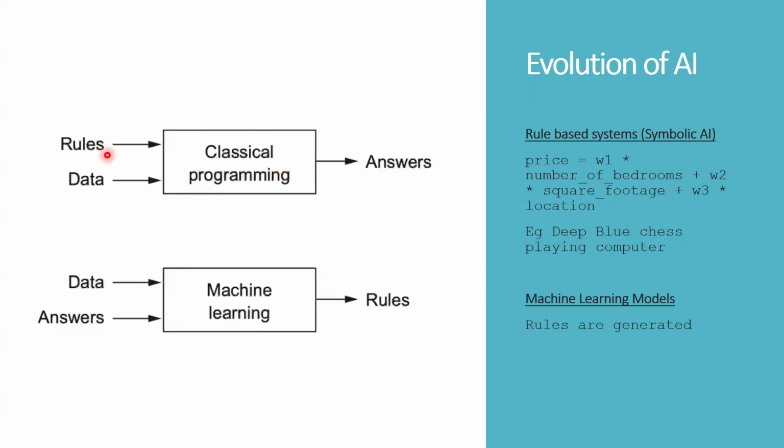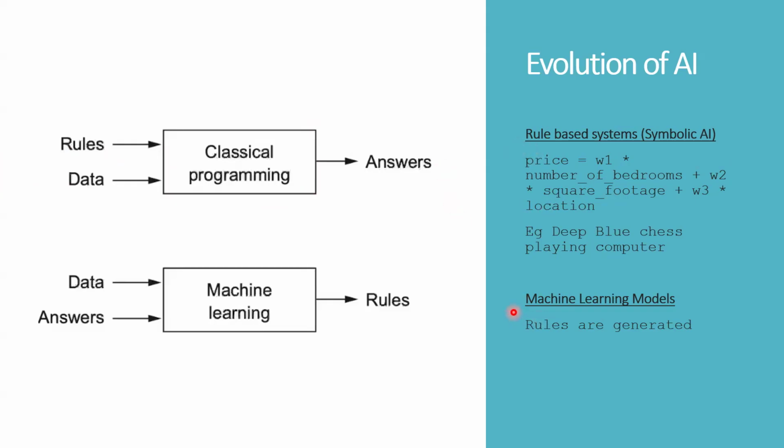If there is a method which takes input parameters x and y, we say z is equal to something times x plus something times y. So we define some rules, then we pass some data and we get the answers. So what are our rules? Rules are W1, W2, W3. What is our data? Data is the number of bedrooms, square footage, and location. And our system will give us the answer: the price of the house.